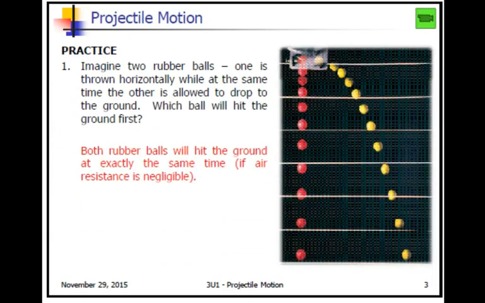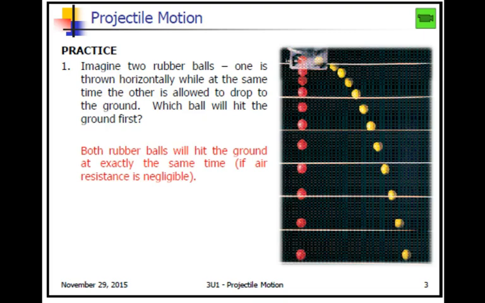So here, let's look at a situation where we have two balls, and one of them is dropped, whereas one of them is given a horizontal velocity. Which one would hit the ground first? This is a stop motion picture image of a red ball being dropped and a yellow ball being given an initial velocity to the right. You'll notice that at different times they are at the same height.